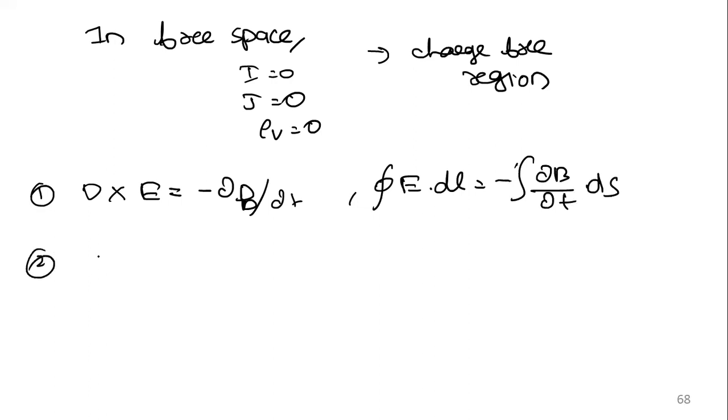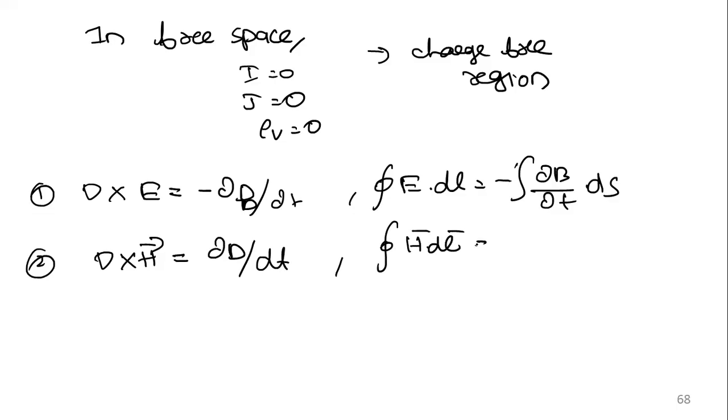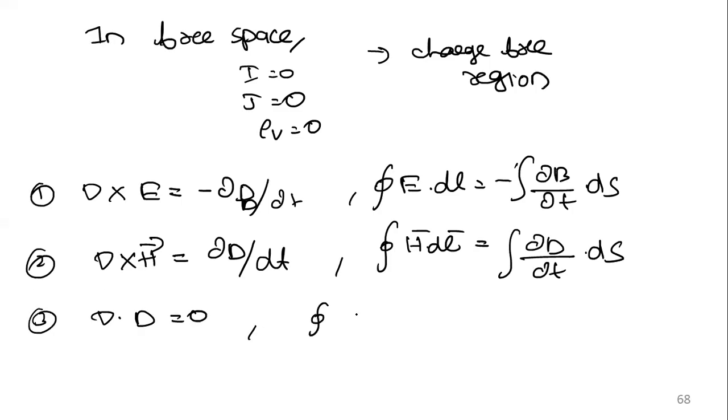Similarly, the second equation is del cross H, equal to dou D by dou t, so integral H dot dl is equal to integral of dou D by dou t dot ds. This is for free space, don't get confused. The third equation is del dot D equal to 0, which makes it integral D dot ds equal to 0. And the fourth equation is del dot B.